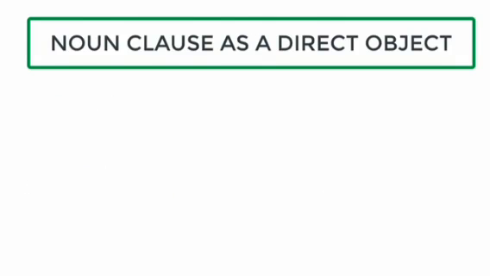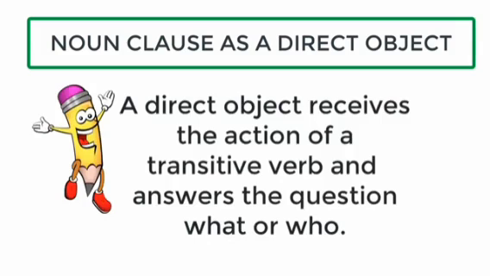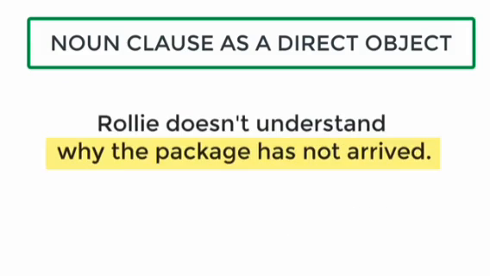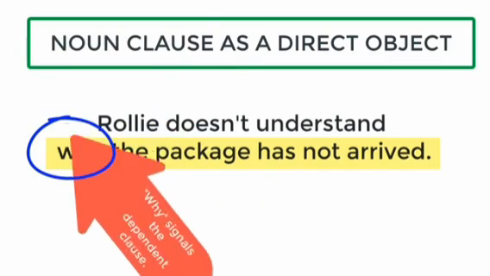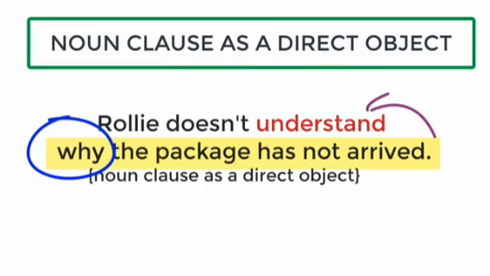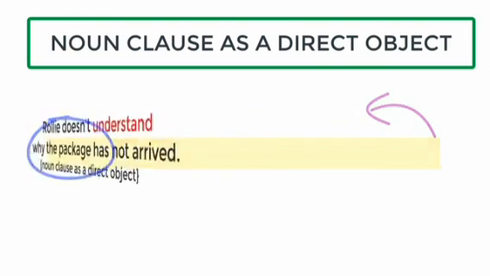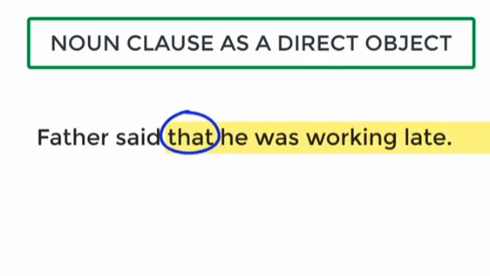The noun clause as a direct object. The direct object receives the action of the transitive verb and answers the questions what or who. Rolly doesn't understand why the package has not arrived. Why the package has not arrived is describing understand.